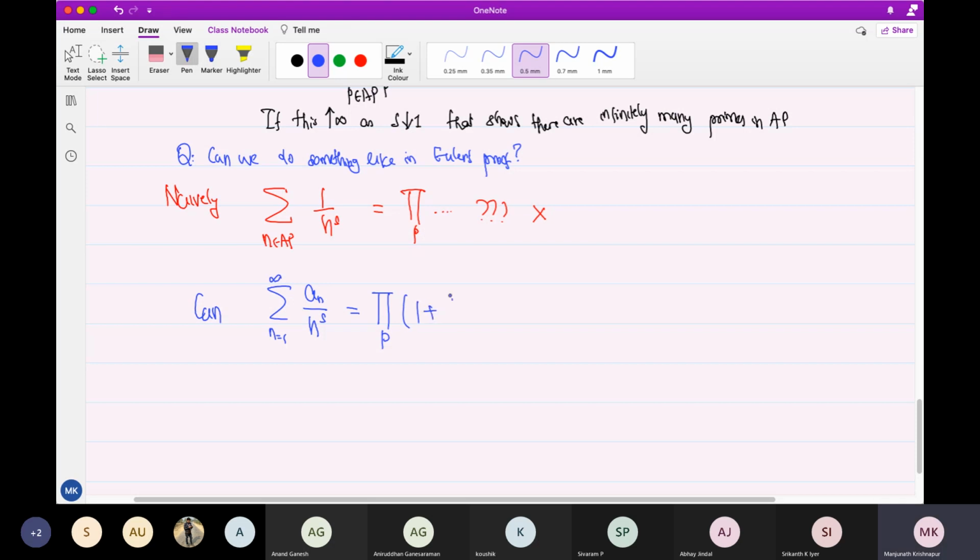Let's say we will try to write it like this: a_p over p plus a_{p^2} over p^2 plus a_{p^3} over p^3, etc. Is this true? Can we write this? Forget convergence, but when you take the product, from the fundamental theorem of arithmetic, more or less it's like that.